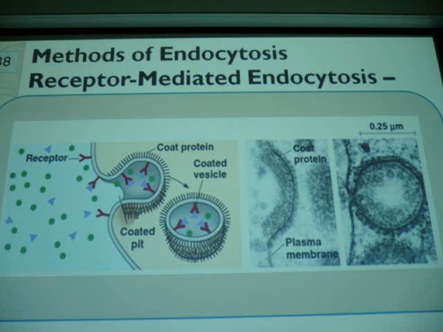Now, let me explain what's going on here. You see these little Y's right here? And the Y's right there? You reckon they're going to be attaching to the red marbles or the triangular things? Triangle. The shape matches, right? Those are the receptors luring, attracting those triangular particles.